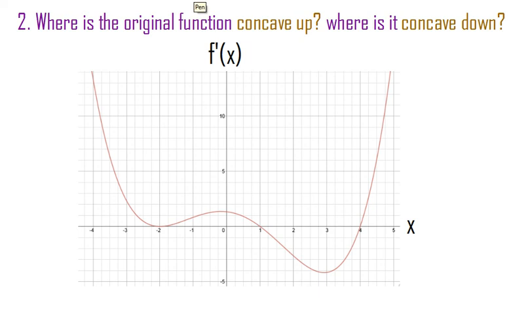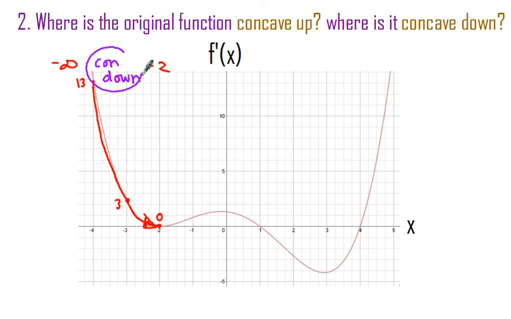All right, so again, we started from something up around like 13, and we're decreasing, dropping, dropping, dropping, all the way down to 3, dropping, dropping, dropping, all the way down to 0. So all along this red part, the f prime is decreasing, and that tells us that our original function is going to be concave down because f prime is decreasing.